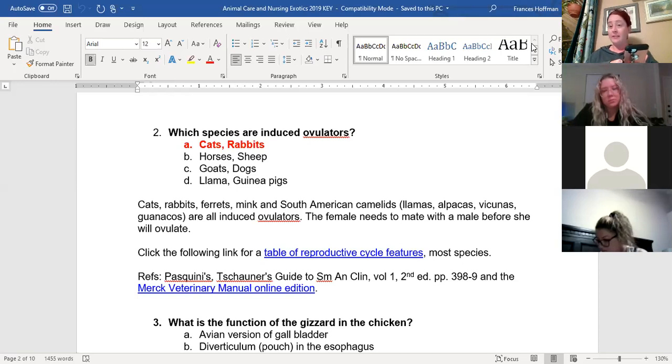The 17th is our last one for this testing cycle. And then starting on the 24th, we will start our brand new VTNE testing window, and we'll go back to the beginning of vocabulary, terminology, A&P, all of that good stuff. And then we will be off on the 31st because of Memorial Day. And then after that, we will continue weekly until, you know, whatever our next holiday is.